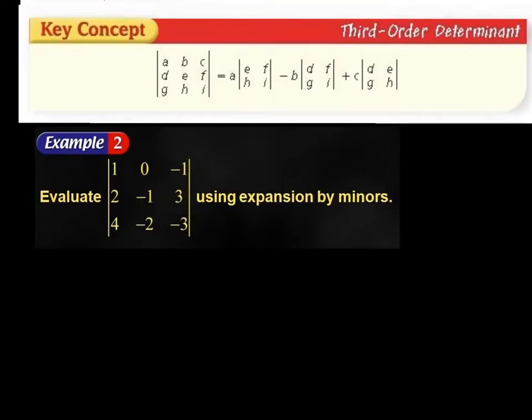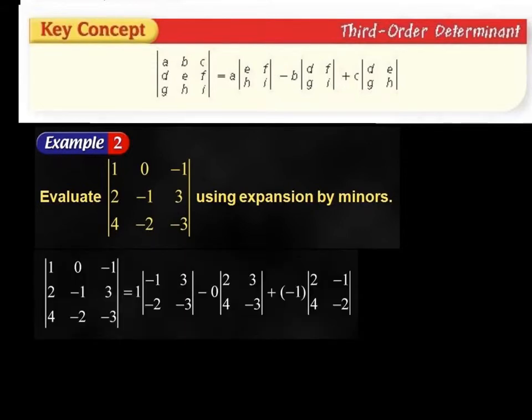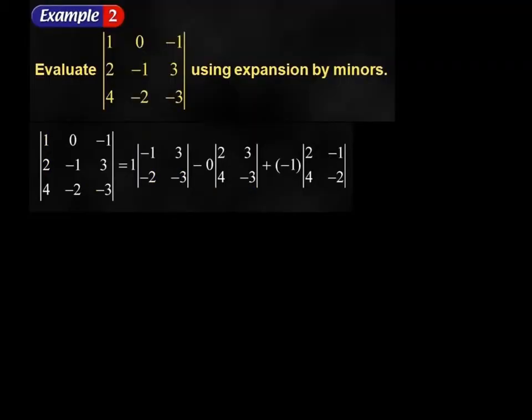Evaluate using expansion by minors. So we've got 1 times its minor minus 0 times its minor plus negative 1 times its minor. Now hopefully we're feeling pretty confident with the 2 by 2s now. So we're going to have 1 times 3 minus negative 6.